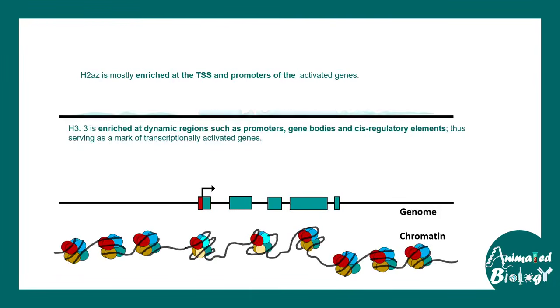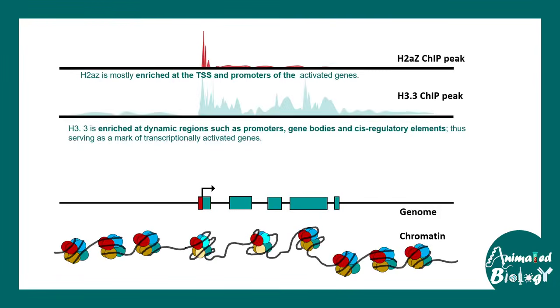Anyway, there are specific variants of particular histones which are associated with transcription, such as H3.3, a histone variant which is associated with actively transcribed genes. This particular histone can be found in promoters, gene bodies, and cis-regulatory elements. H3.3 ChIP-seq would be an ideal way to understand where these particular alternate histones are located in a gene body, or let's say in a regulatory element.